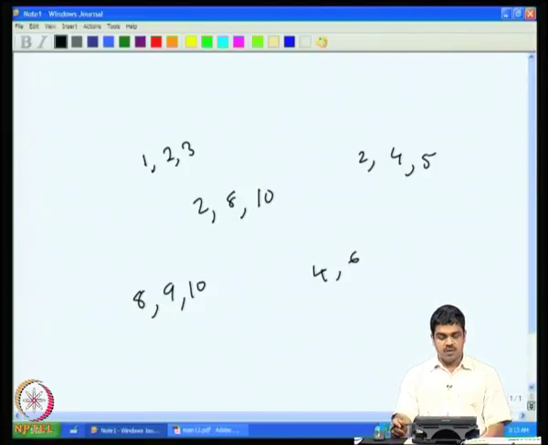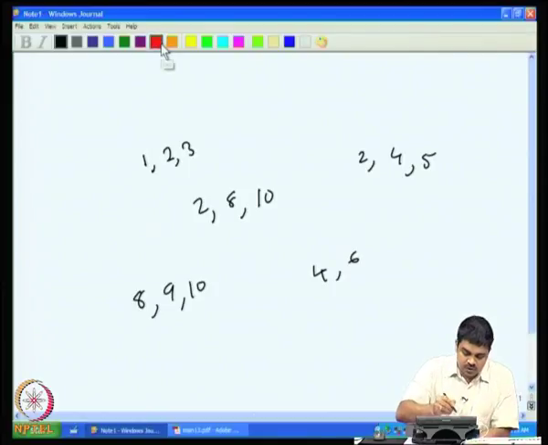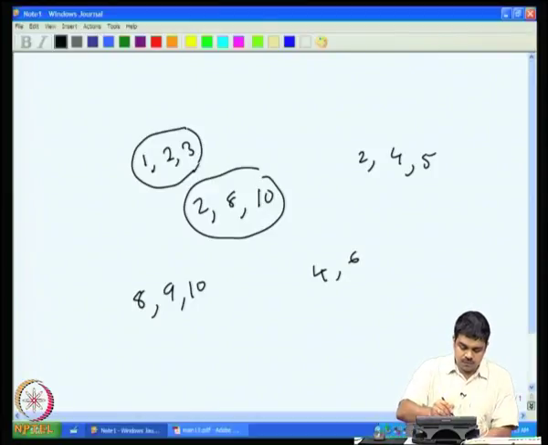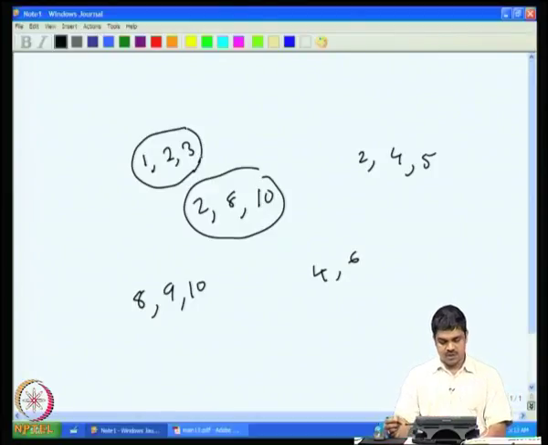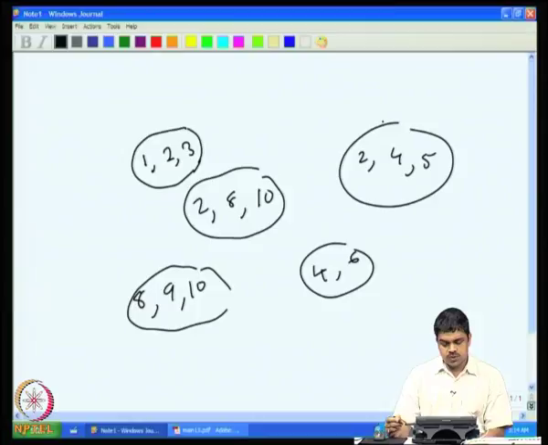Therefore, the day the first committee meets, these two committees cannot meet on the same day. They have to meet on different days. So, the question is, how many days are required? How will you solve this problem?